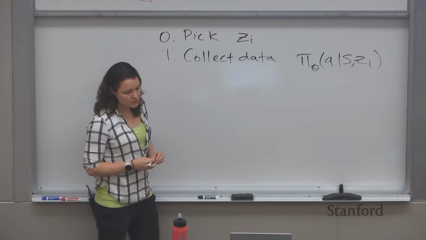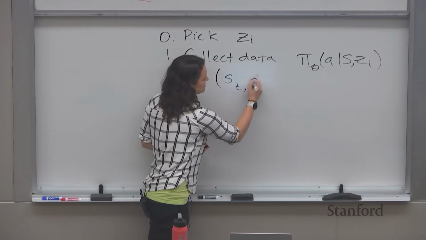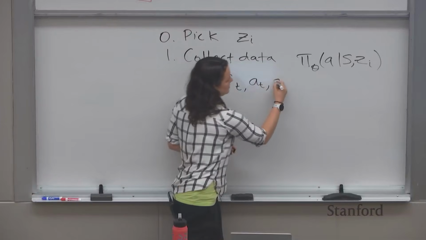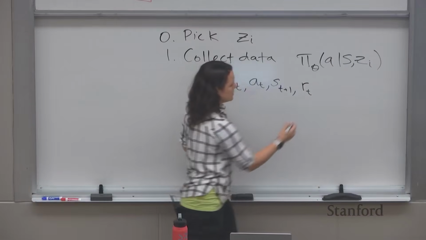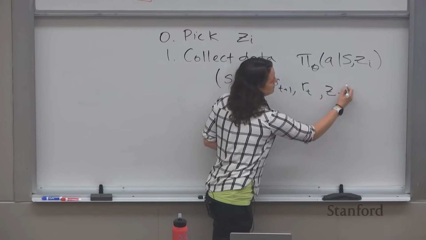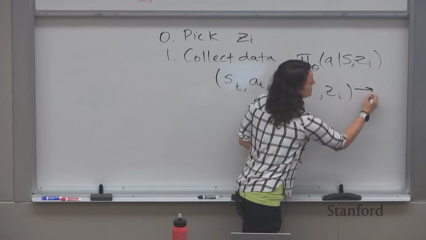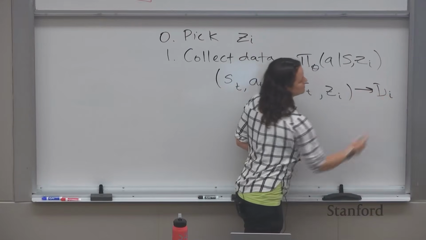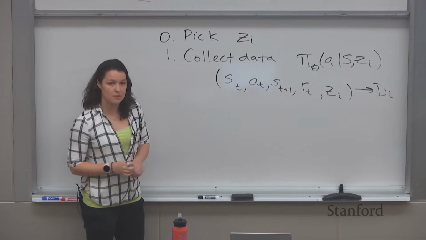Let's refer to this data as having s_t, a_t, s_{t+1}, r_t, and also the task identifier. We'll put this into a replay buffer for task i, so we'll store this in the replay buffer.